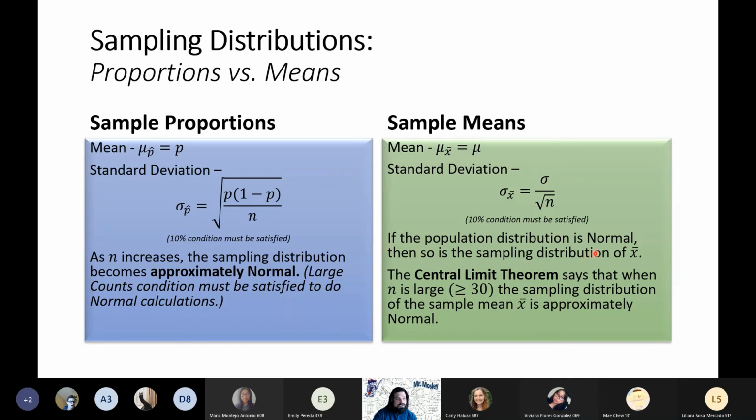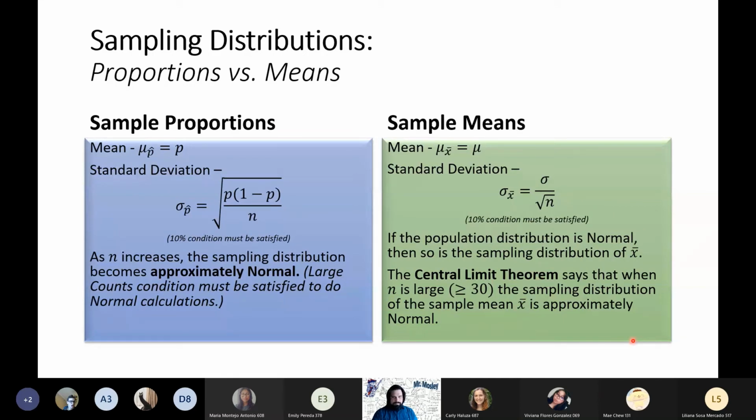If the population distribution is normal, then so is the sampling distribution of x bar. The central limit theorem says that when n is large, the sampling distribution of the sample mean x bar is approximately normal. This applies to cases where the population distribution is not normal.